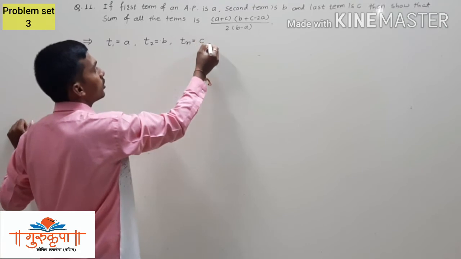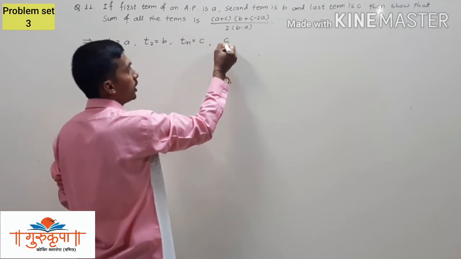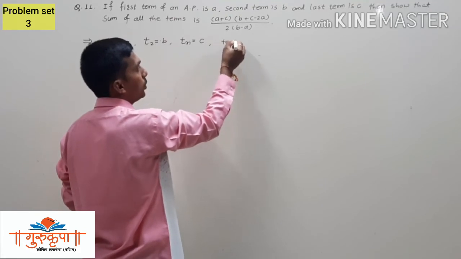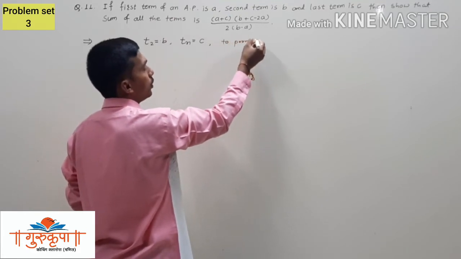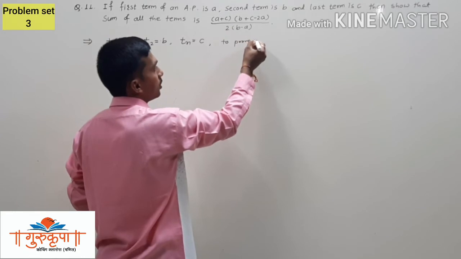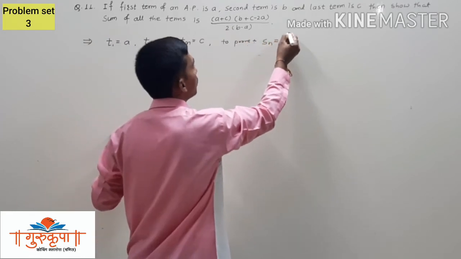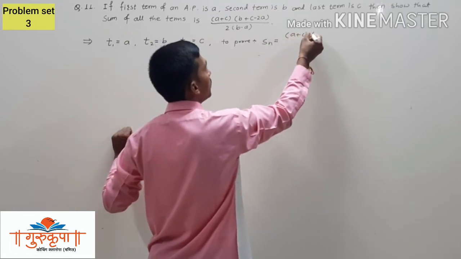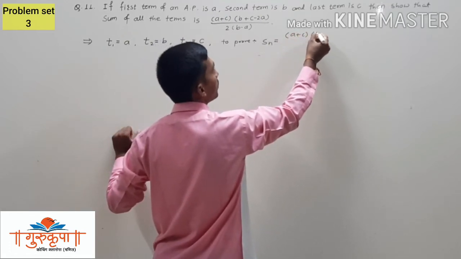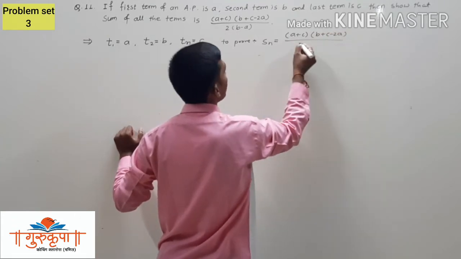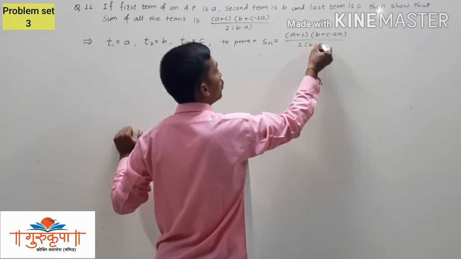That is the given information, and to prove, we have to show that Sn, that is sum of the n terms, is a plus c into b plus c minus 2a upon 2 into b minus a. That we have to do.